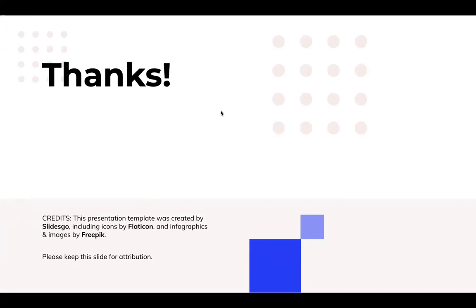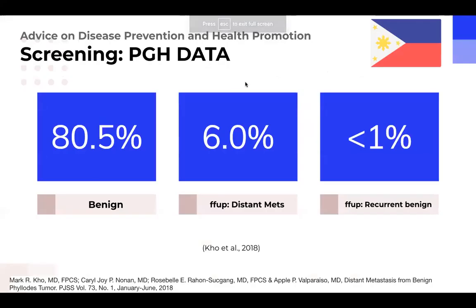So it was a retrospective study. They did a chart review from 2005 to 2014, and they looked up all cases managed in PGH for Phyllodes tumor, and they found out that there was a total of 200 patients with Phyllodes tumor surgically managed, and out of those 200, 161 or 80.5% were benign.